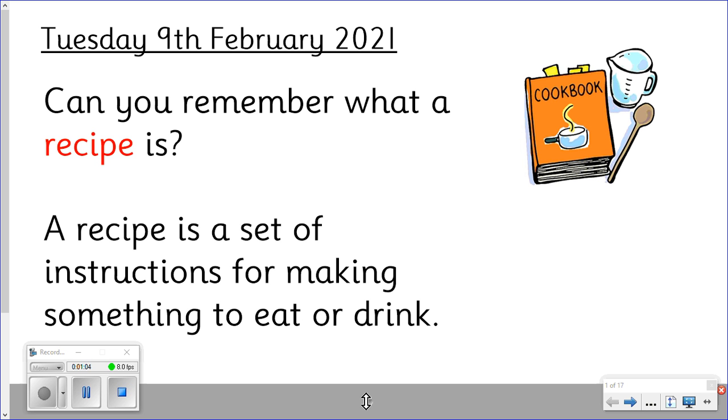And I know that lots of you follow recipes at home to make cakes and biscuits and buns and all kinds of delicious treats that you're always sending us pictures of and making us feel very jealous and hungry. So I know that lots of you are already used to following recipes, following instructions for making things to eat or drink.